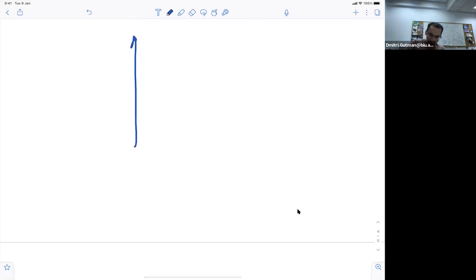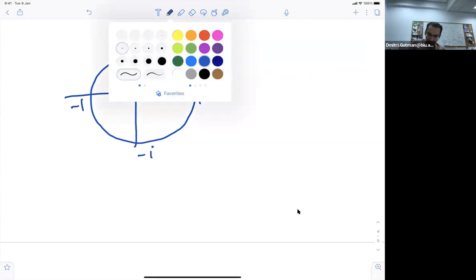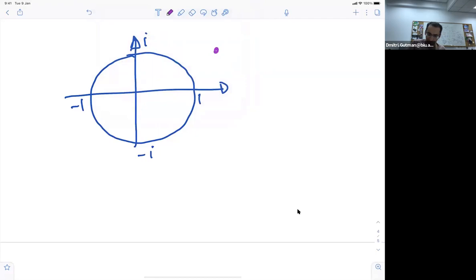So the problem would be like this. We are given a unit circle, minus 1, 1, minus i. And now I'll give you a point somewhere, and you need to draw me a point which is a reflection with respect to the unit circle.